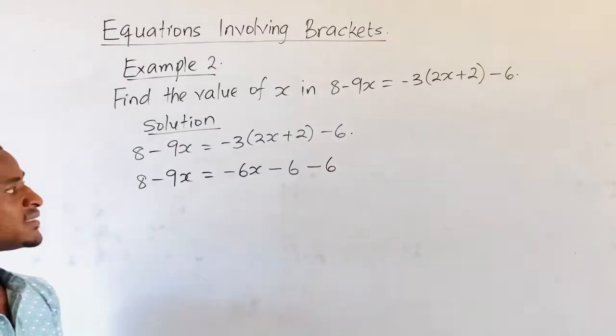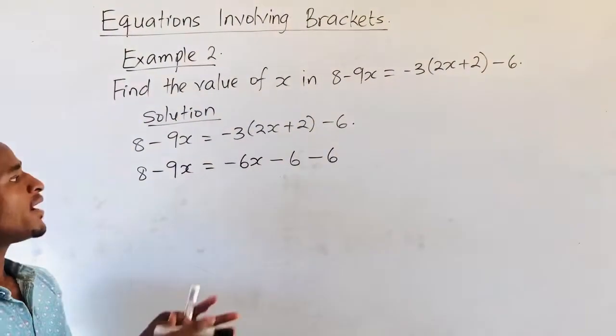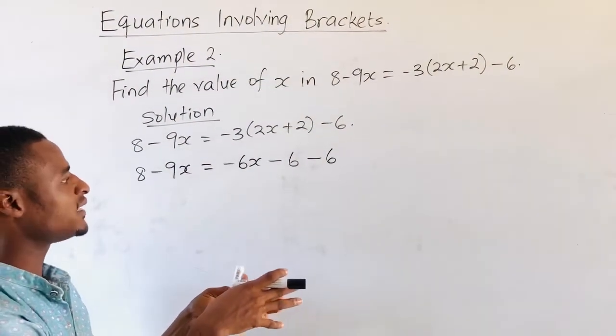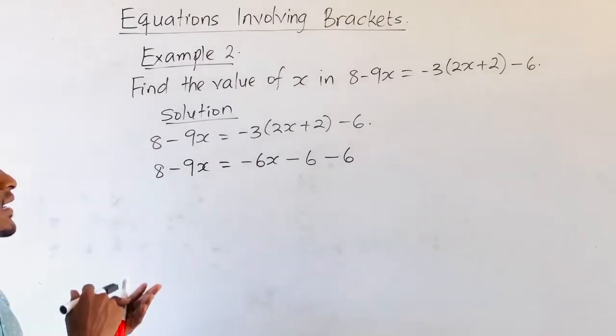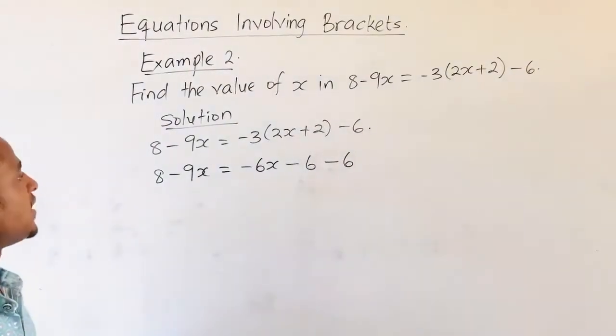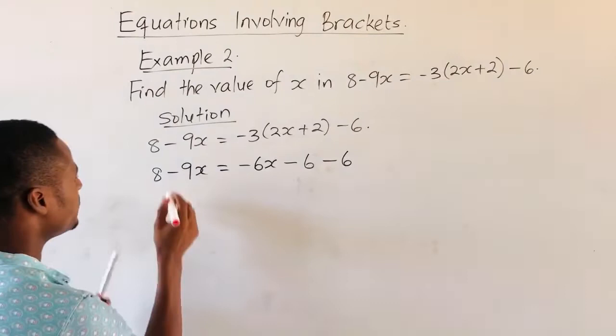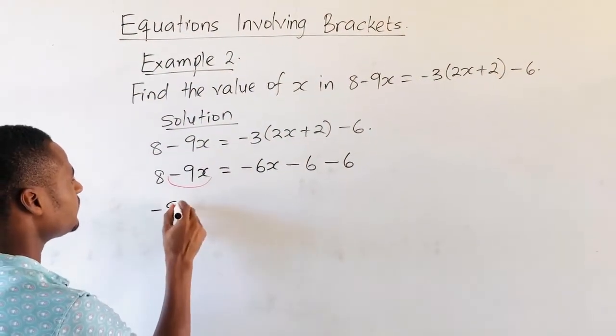We'll solve this simple equation by grouping of like terms, where we will lift the terms that contain the variable to the left-hand side, and the terms that are numbers will move to the right-hand side. So at the left-hand side, we have a variable term, negative 9x.